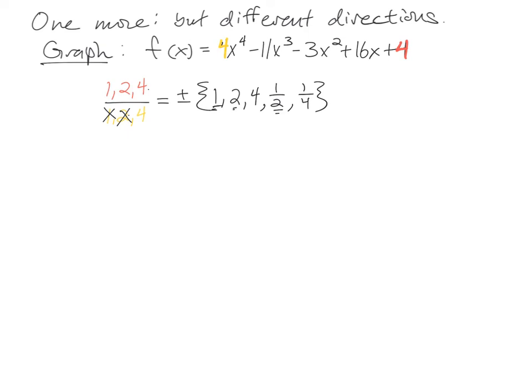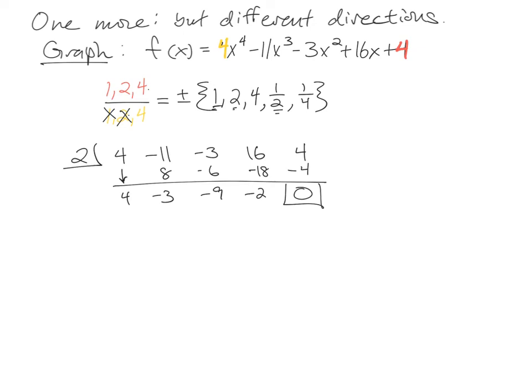So I'm going to pick one. Actually, you pick one. You try it. Pause the video. I'll come back in a few seconds with a good synthetic division for you. Okay, so here is the dealio. 2 is a 0 for this particular function.